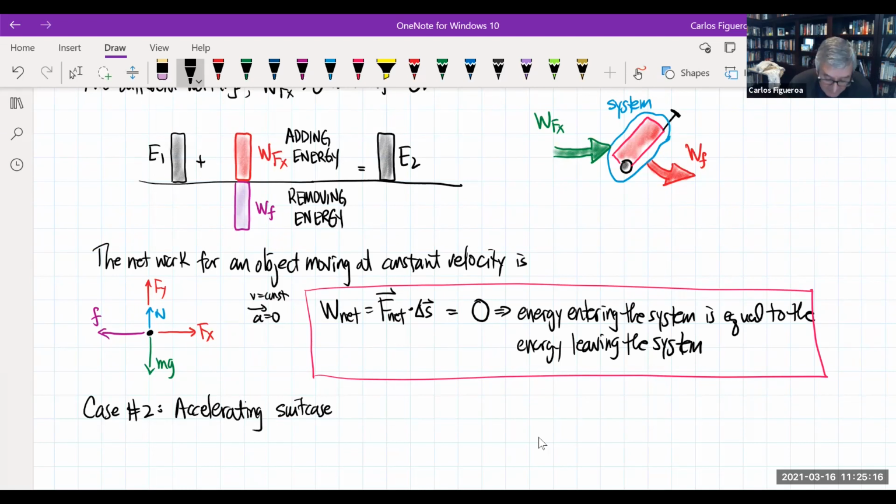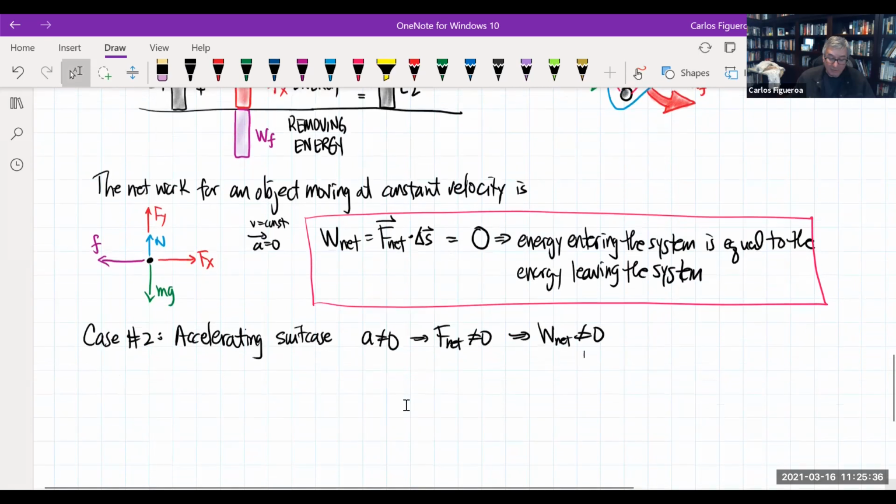So if I am accelerating, then clearly the net force is not equal to 0. Therefore, the net work must not equal 0. What do I mean by that?